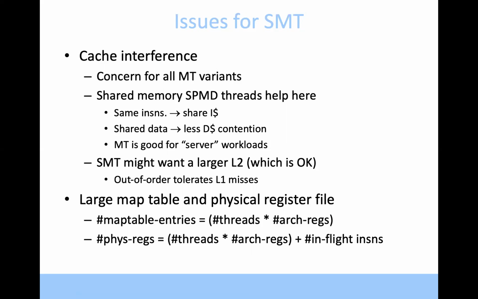If you had threads that were SPMD, single program multiple data, where you have the same instructions, so you share the iCache, or in some cases you share data, there's less data contention.